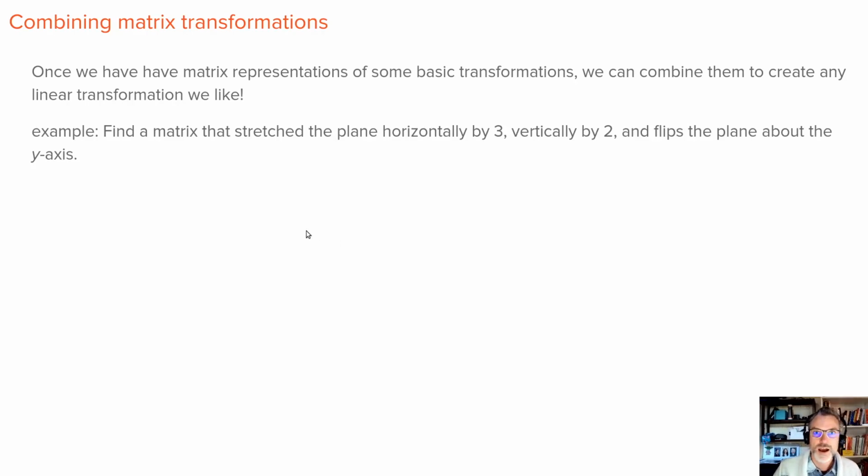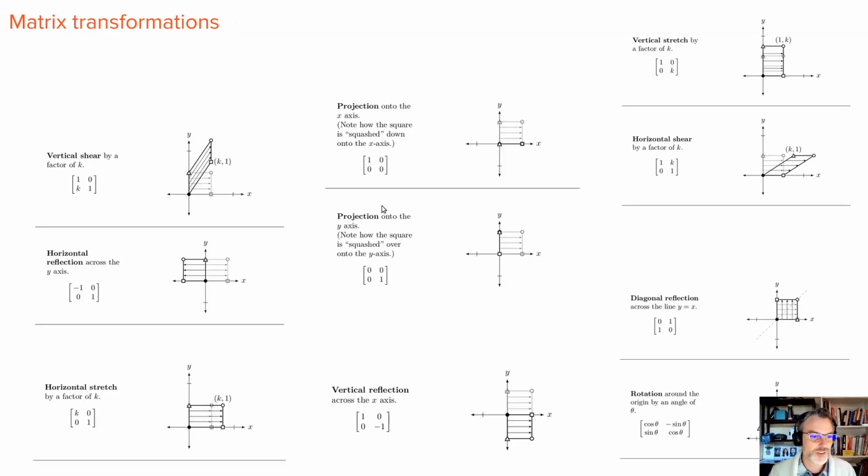Now we want to combine things, kind of like what we just did in Desmos. So I want to find a matrix that stretches the plane horizontally by 3, vertically by 2, and then flips the plane about the y-axis. So one way we could do this is just consult this here.